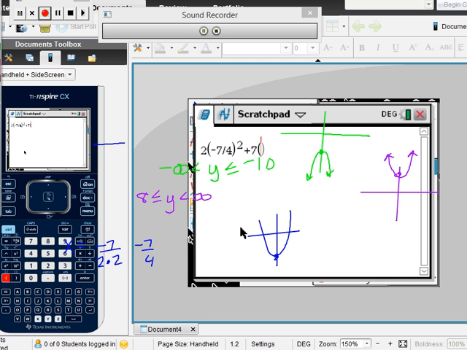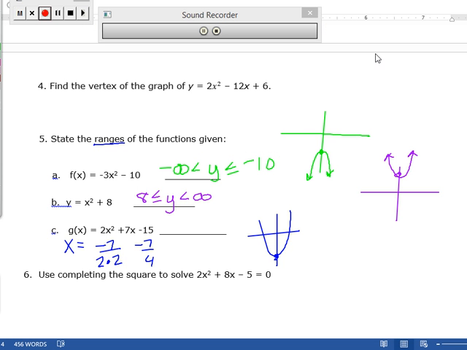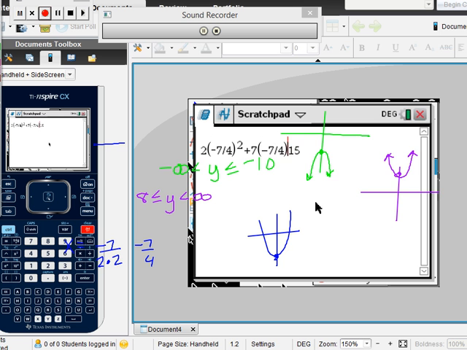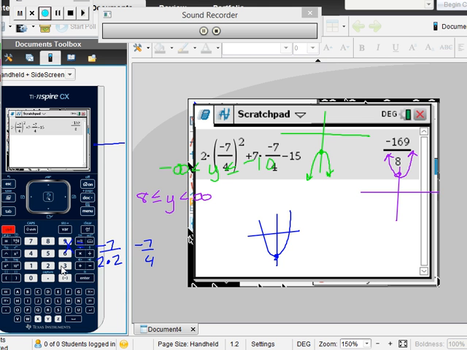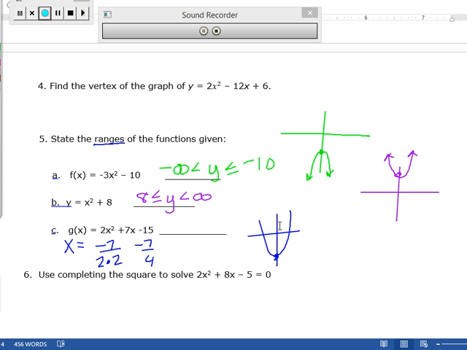Okay. Negative 169 over 8, which of course is negative 21-ish. Negative 21.125. There's your minimum. So it's facing up because the 2 is positive. So negative 21.125 to infinity.